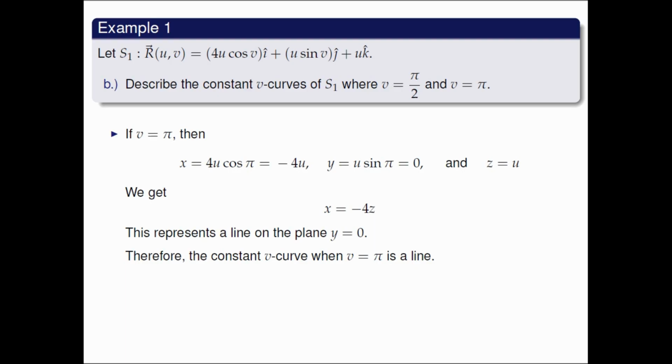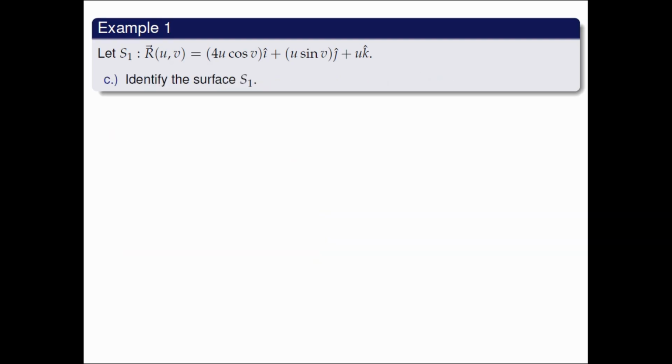So we are done with letter B. We now proceed to letter C. Identify the surface S1. Balikan lang natin yung mga parametric equations for this surface. X equals 4u cosine v, y equals u sine v, and z equals u.